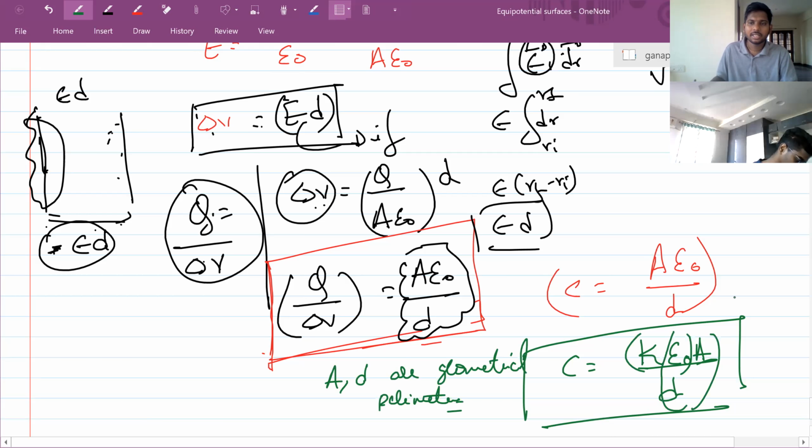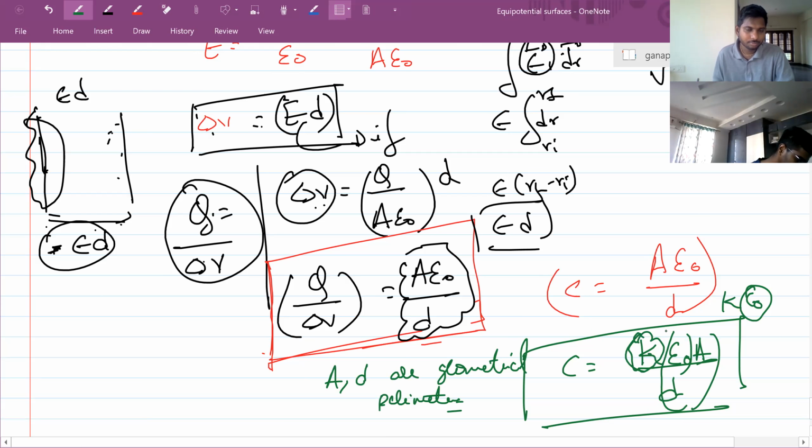It will become K into C naught. Sir, in the previous lesson you have given one relation. You can write epsilon A by D, but by writing this way, what you will know is it will depend upon the medium.